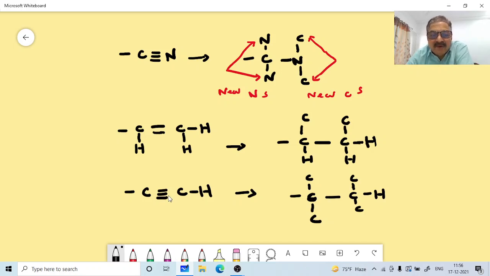So C triple bond CH, we can draw it in this fashion. Therefore, each atom is drawn thrice here. Now, another example I can show you.